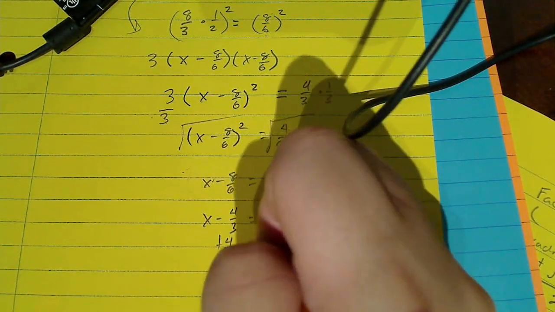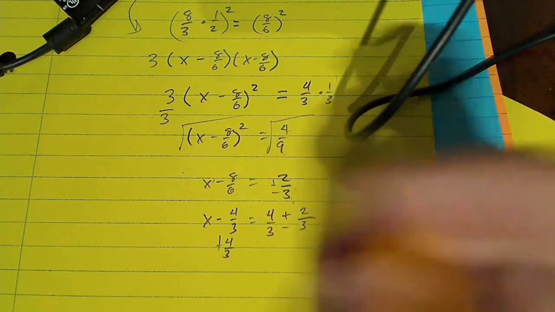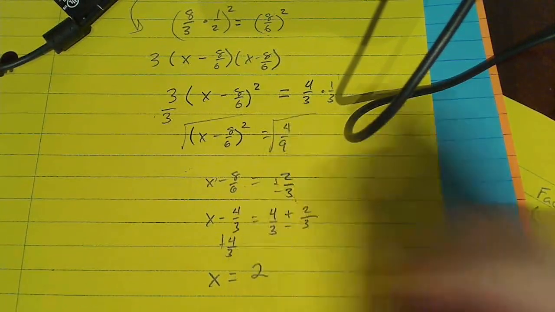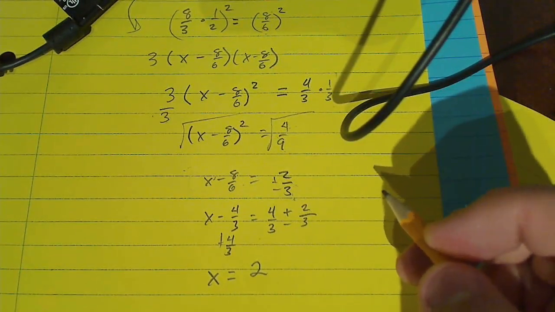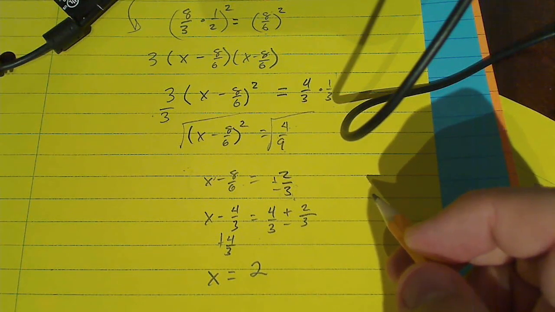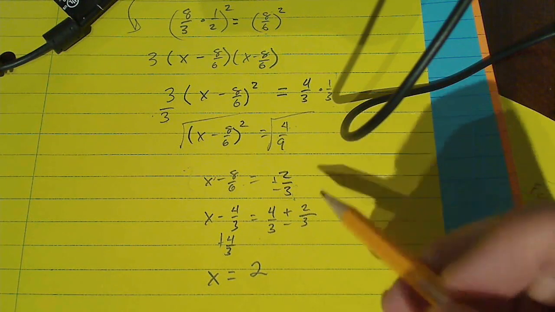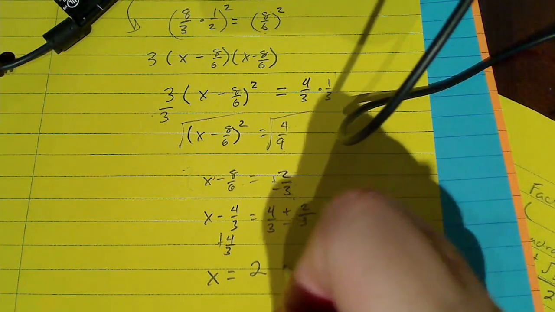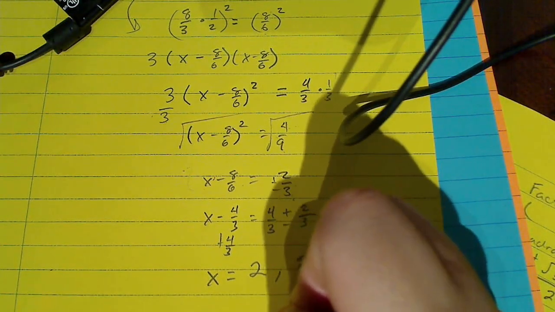That way, I can add 4/3 on this side. One answer is 2, and the other answer is positive 2/3. It's 4 minus 2, so it's positive 2/3, sorry.